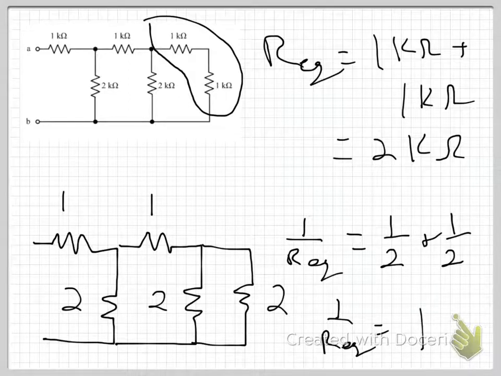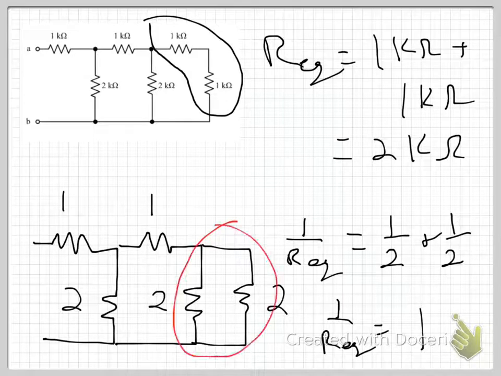So when I take the inverse of 1 to get my equivalent resistance, I just get 1, because the inverse of 1 is 1. And so this parallel combination of two 2 kilo ohm resistors, in my next circuit drawing, is going to be replaced by just one 1 kilo ohm resistor.